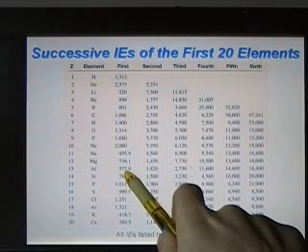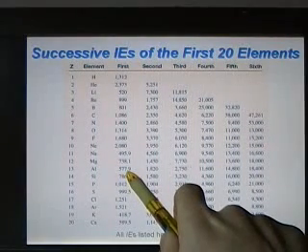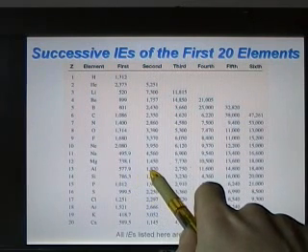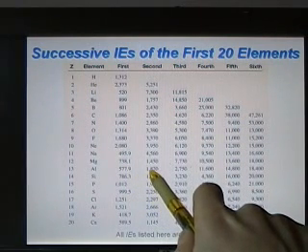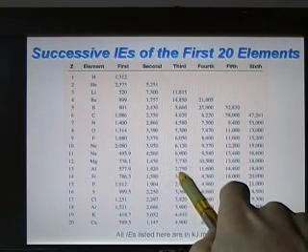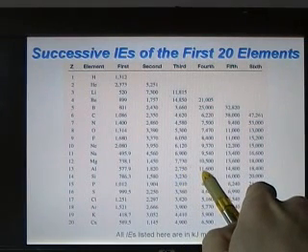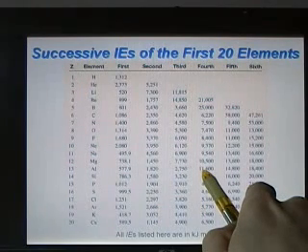To remove the first electron in aluminum requires 577.9 kilojoules. To remove the second electron requires 1,820 kilojoules. The third electron requires 2,750 kilojoules per mole.